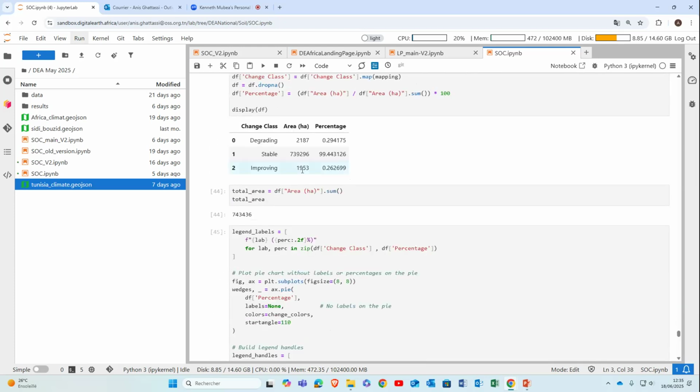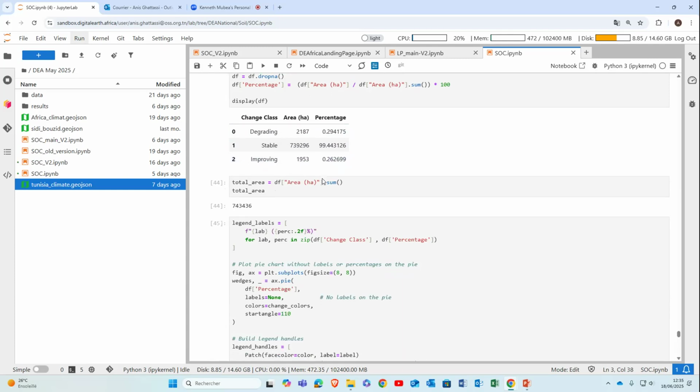So as we can see here, this map shows us that more than 99% is a stable class, with almost 3% related to the degrading classes, and finally the improving classes, which is also with 0.26% of improving classes.